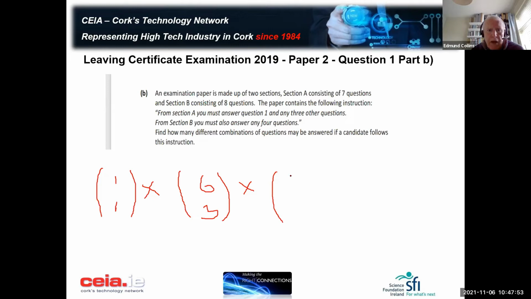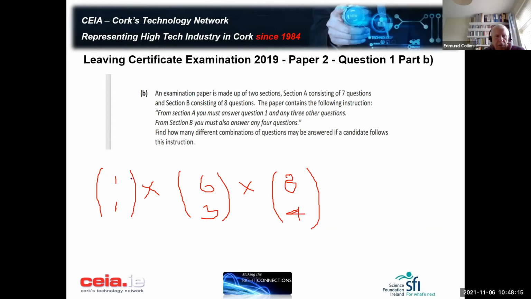Section B is a total of 8. So 8 choose 4. So that's it really, but tricky enough with this question here.